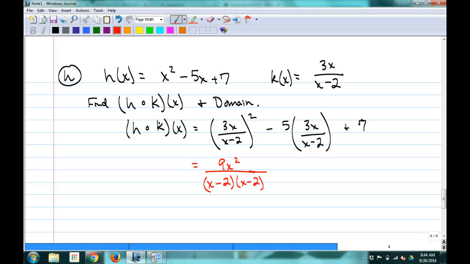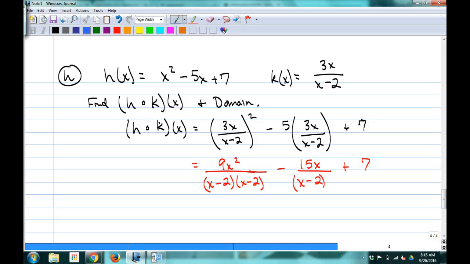Then the next fraction, there we've got negative 5 times 3x over x minus 2. So that ends up being minus 15x over x minus 2. And I'll just put those in parentheses to keep consistent. And then 7 didn't have anything happen to it. So if I'm going to make that look a little better, I need to get a common denominator.